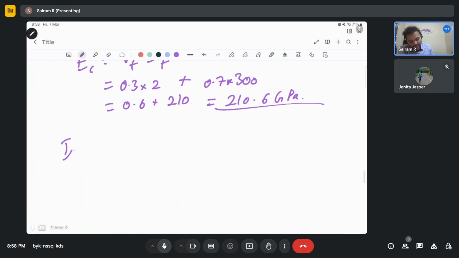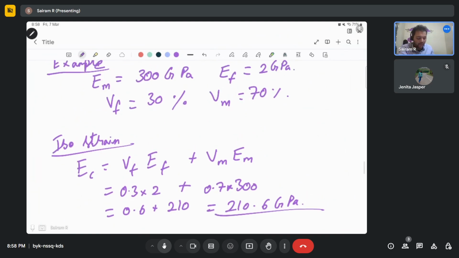Under isostress condition, one can always ask: the overall modulus of the composite seems to be lower than the overall modulus of the matrix phase in general. But what if the matrix phase had a very high value of EM, but did not have a very good fracture toughness, or if it were extremely brittle, as in the case of ceramics?